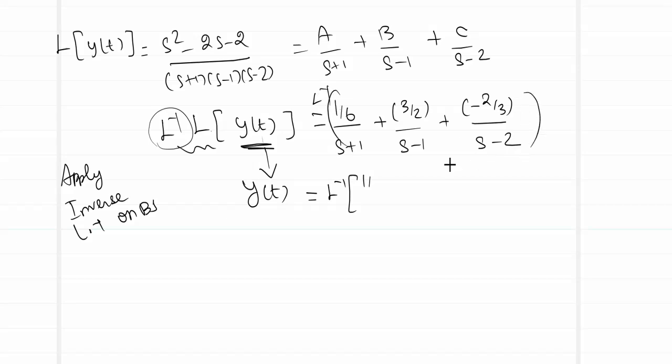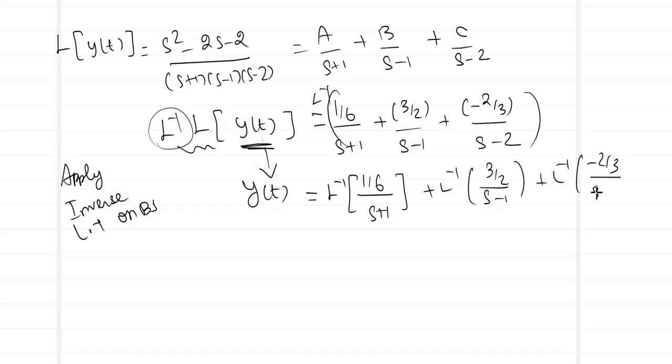When I take Laplace inverse on both sides, this will become Laplace inverse of 1 by 6 by s plus 1. Let me split it into separate values: Laplace inverse of 3 by 2 divided by s minus 1, plus Laplace inverse of minus 2 by 3 by s minus 2. Now, this is a simple quantity because we have already memorized the formulas for our basic functions of Laplace. 1 by 6 is a constant.